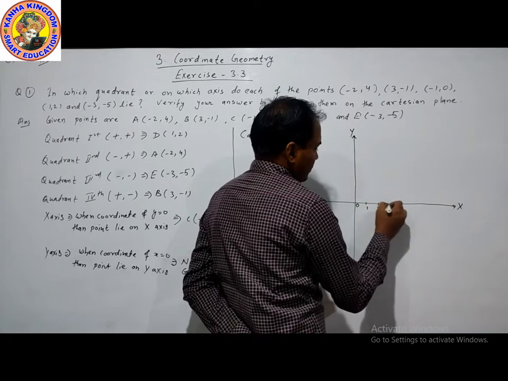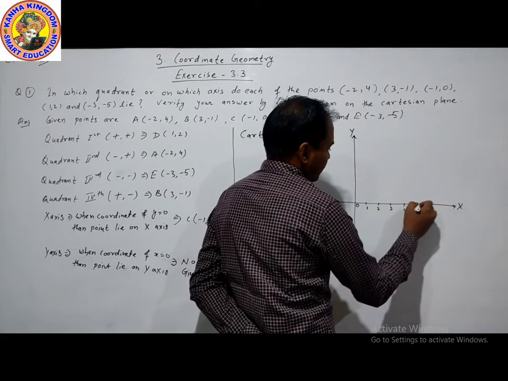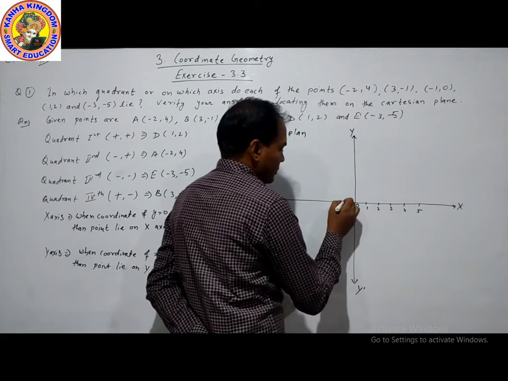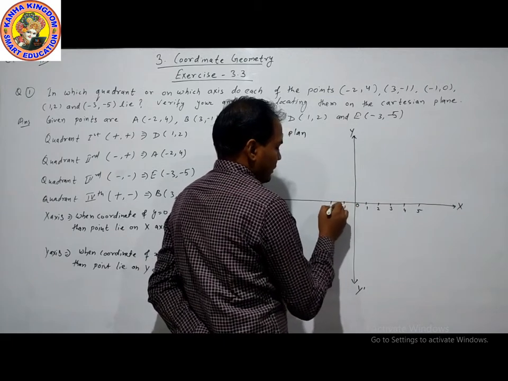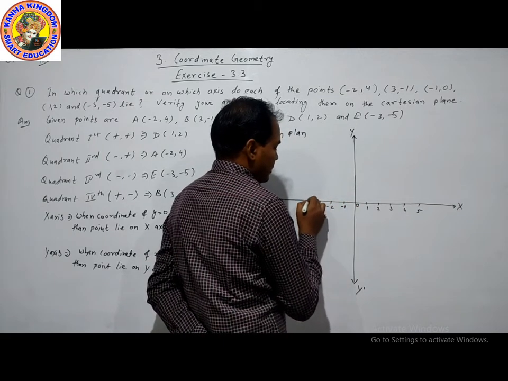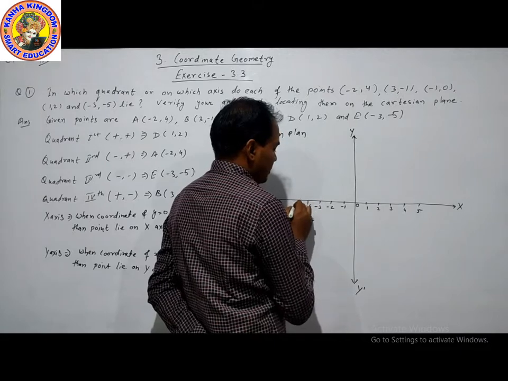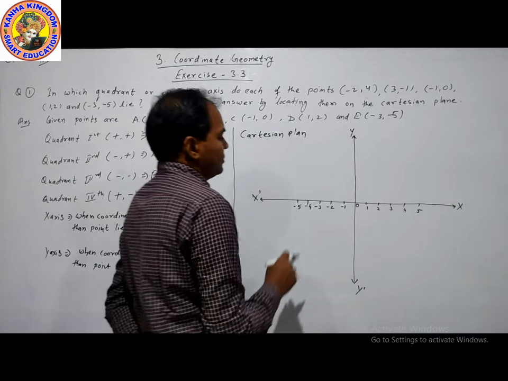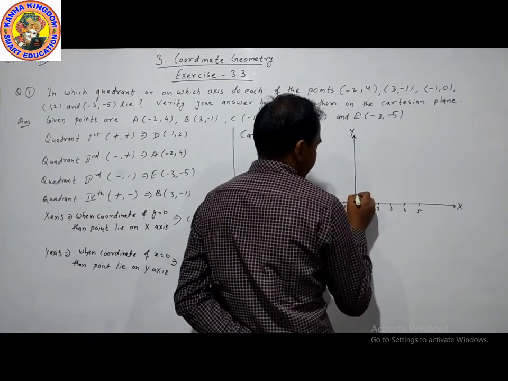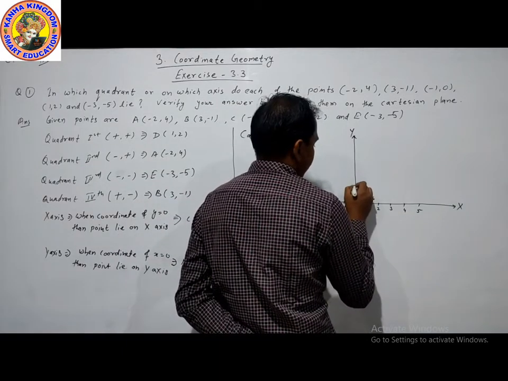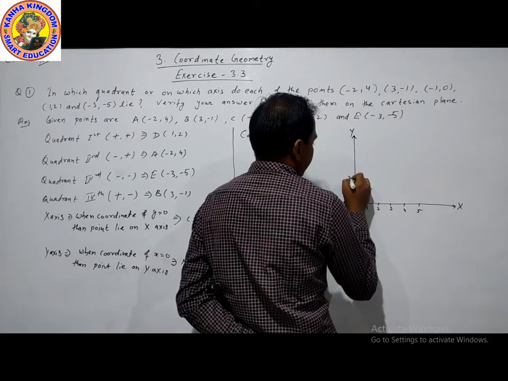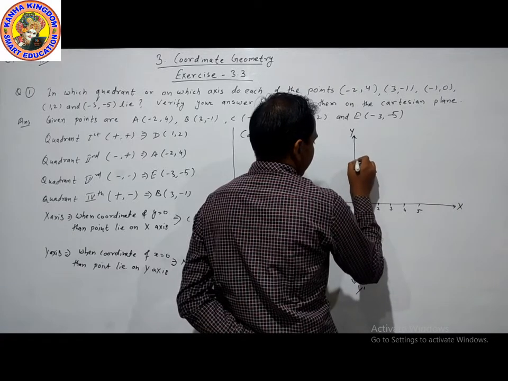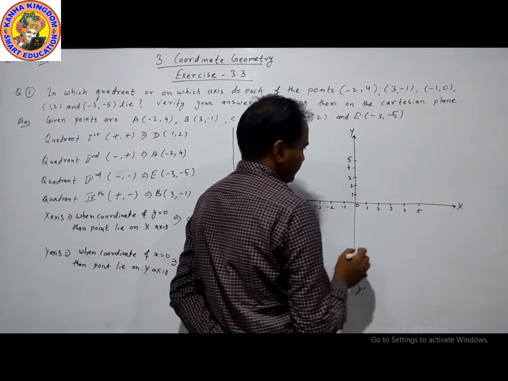1, 2, 3, 4, 5, then -1, -2, -3, -4 and -5. These are the 5, 5. Now denote on the y-axis: 1, 2, 3, 4 and 5.